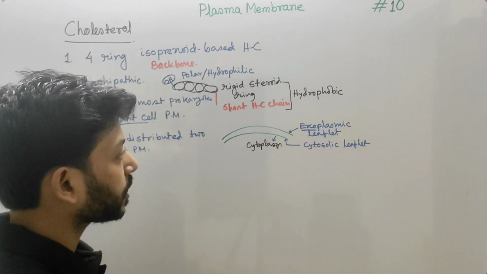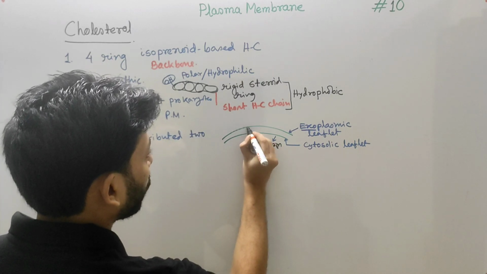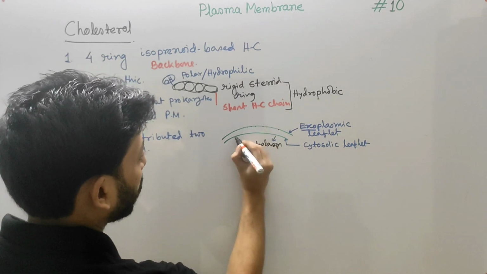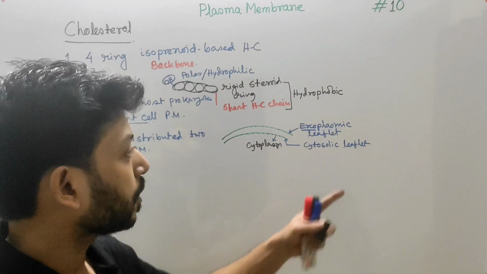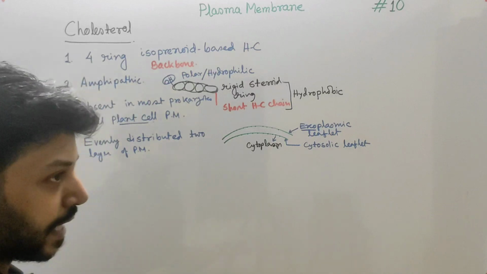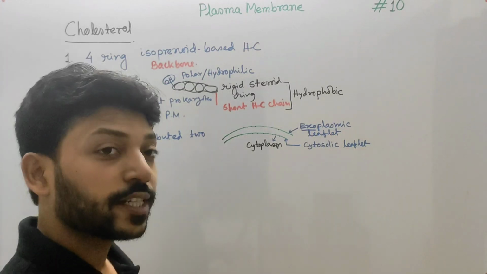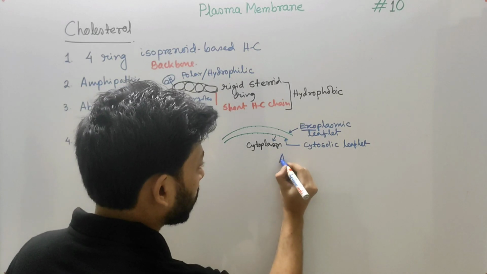What is evenly distributed? That means the cholesterol can be present in both the inner and outer layer. Okay, it will be present in both the exoplasmic lipid layer and the cytosolic lipid layer. But in case of phosphoglycerides and sphingolipids, they are not evenly distributed. They are called asymmetrically distributed.